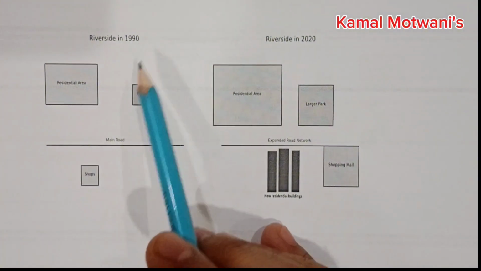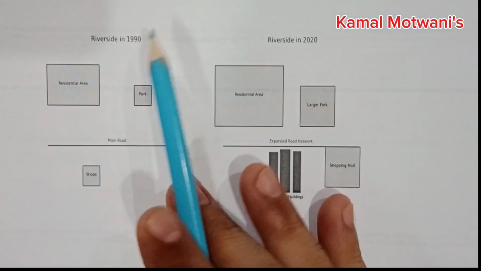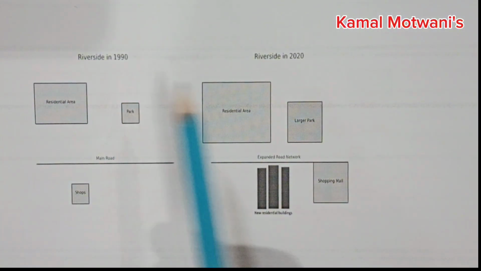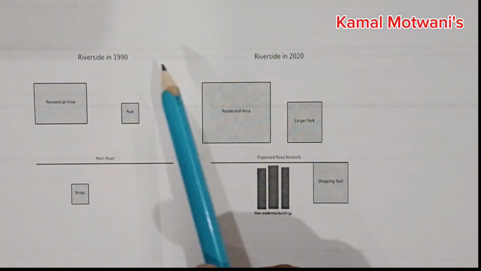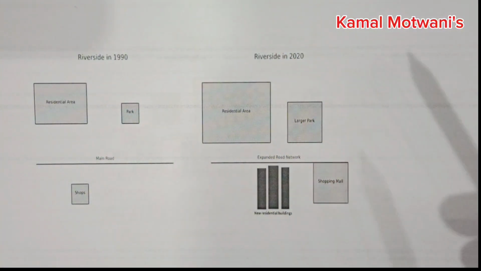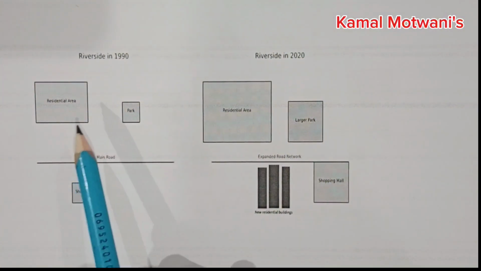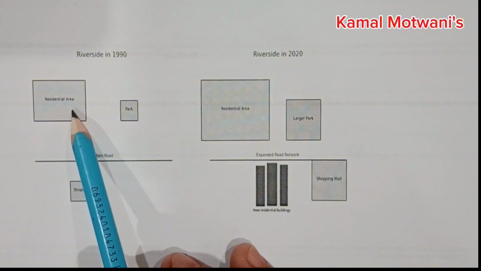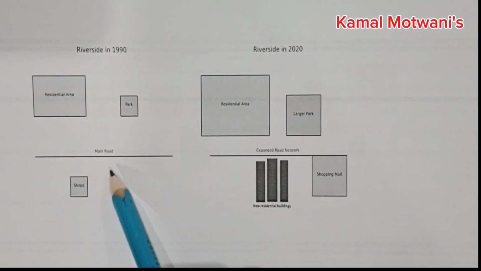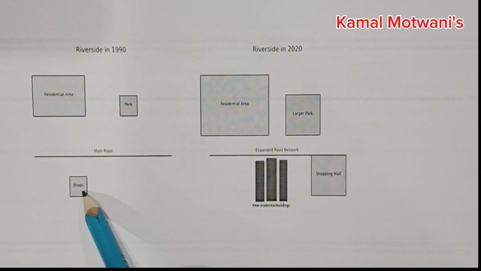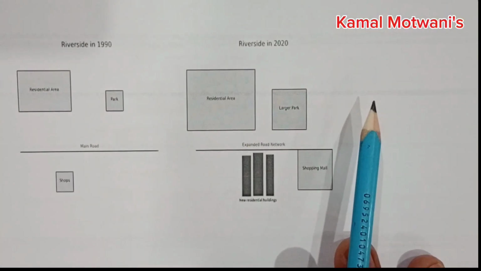So here is the town named Riverside in 1990 and Riverside in 2020. There is a 30-year period gap. You can see earlier there was residential area, then there was park, then there was main road, and across the main road there are shops.